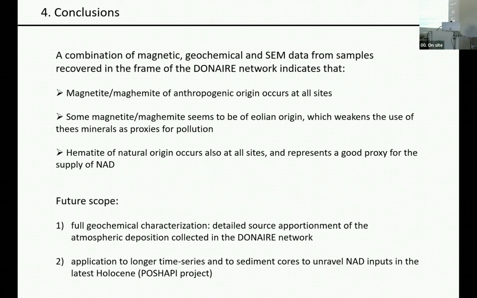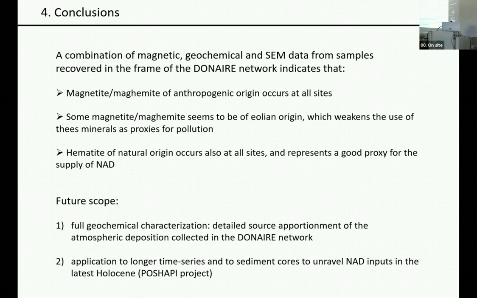Anyway, to conclude, I want to tell you the main conclusion of the study, which, based on a combination of magnetic, geochemical, and SEM data from samples from the DONA network, indicate that, first of all, magnetite and maghemite particles are of anthropogenic origin and were identified at all sites.